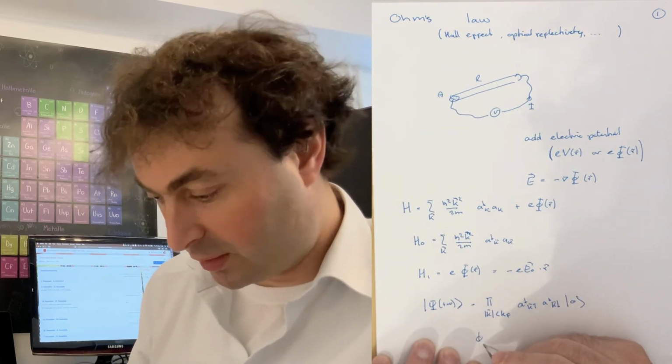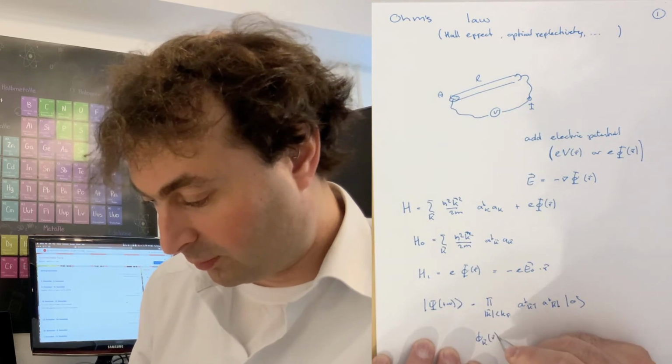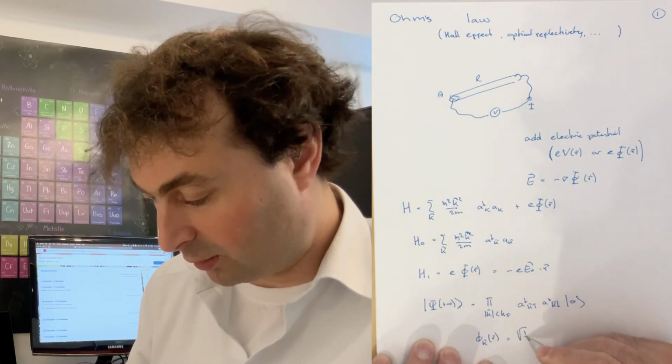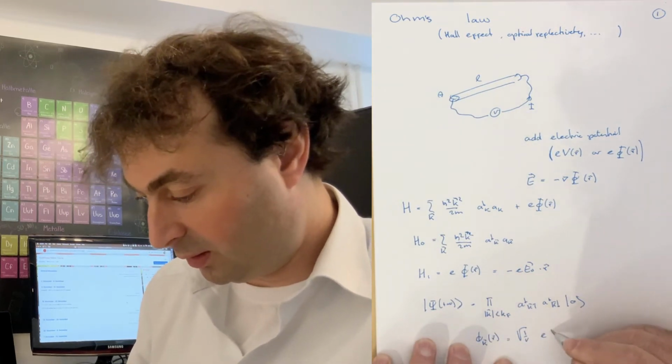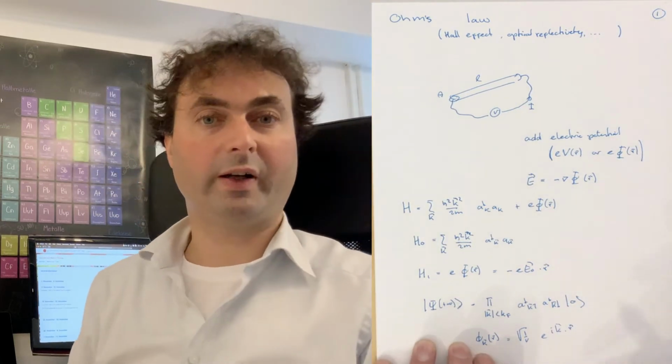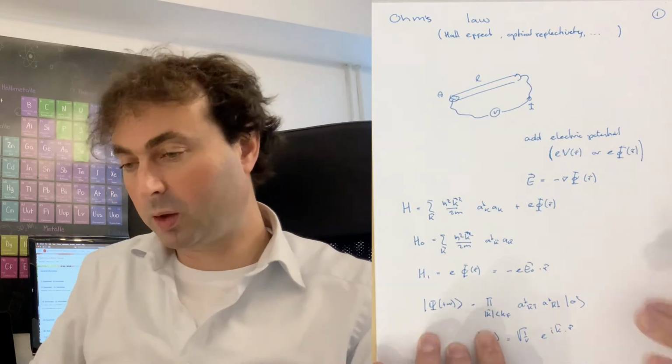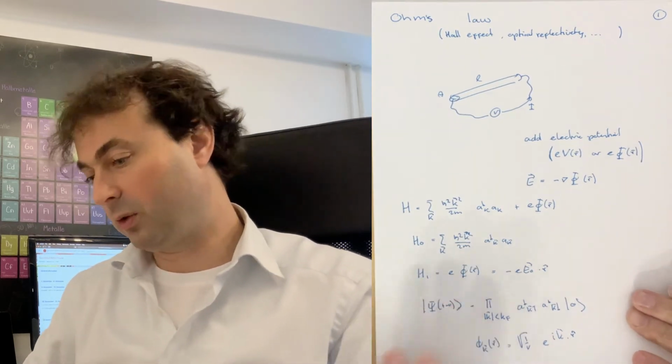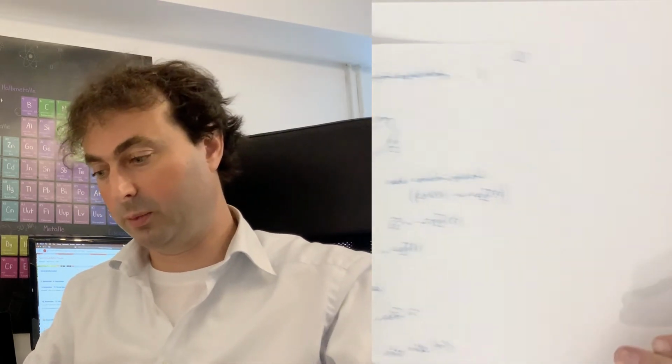And the one particle basis functions are given by square root of 1 over V, e to the i k dot r, where we've confined our one particle wave functions to a box of volume V, and of course in the end we'll take the limit of that volume to infinity.